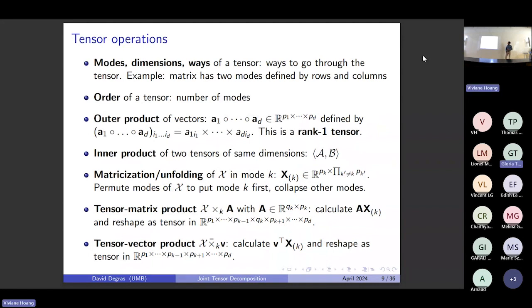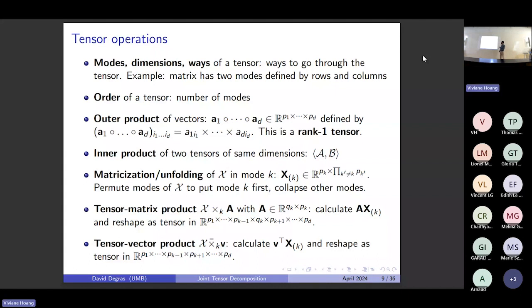I'm going to try to keep this presentation a little light on notation and tensor operations, so this is almost a strict minimum. So you have a tensor, it has a certain dimension, or it's called the number of modes or ways. These are the ways in which you can go through the tensor. The order of the tensor is the number of modes.